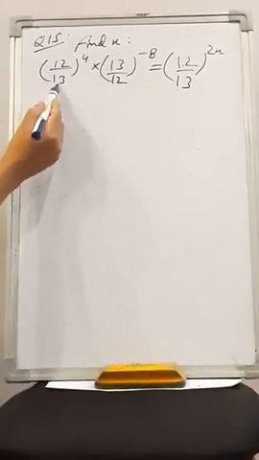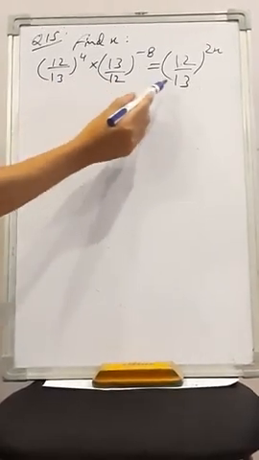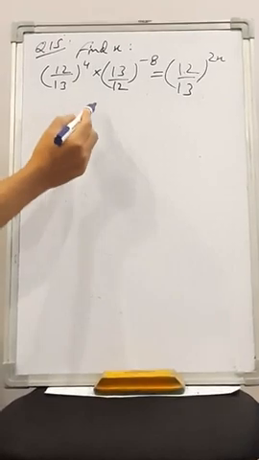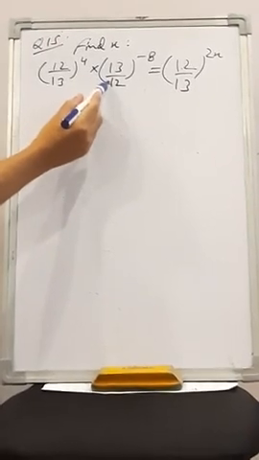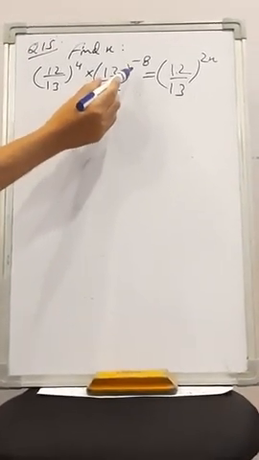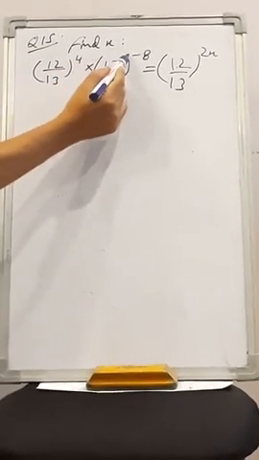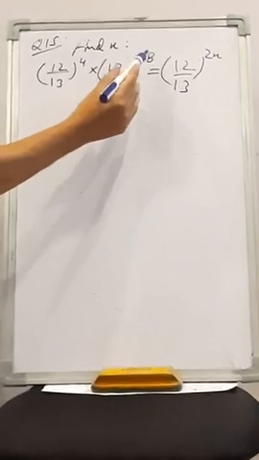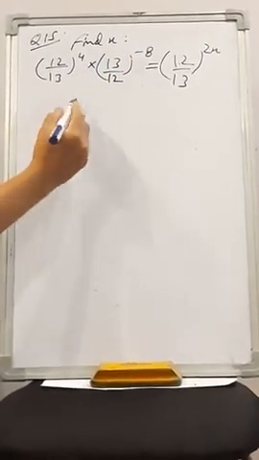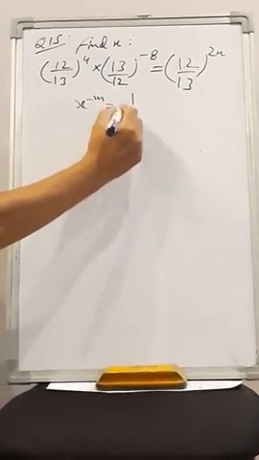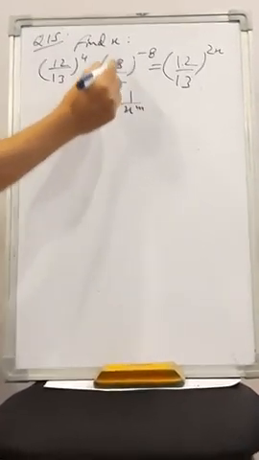So base is 12 by 13 here and here also 12 by 13, but here it is the reciprocal of 12 by 13, that is 13 by 12. So let us reciprocate it, and as we reciprocate, the power will become from minus to plus, using this law, x to the power minus m equal to 1 upon x to the power m.